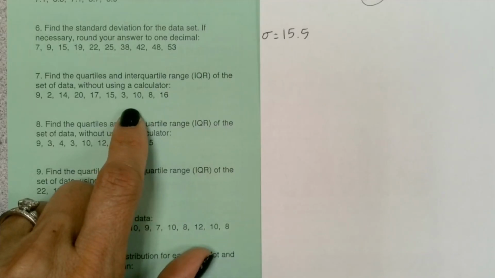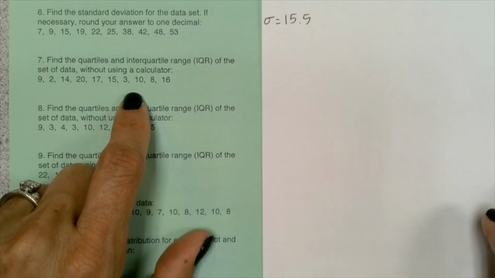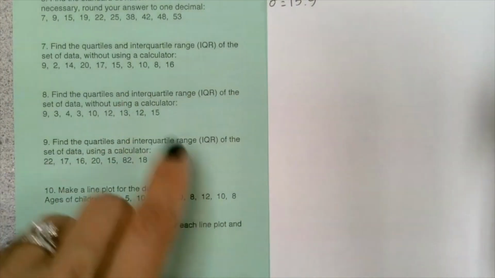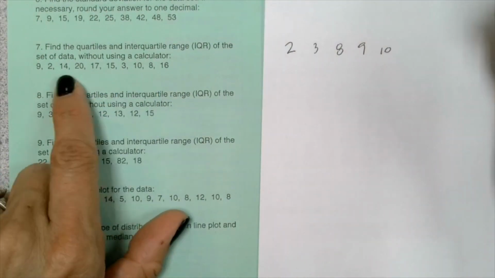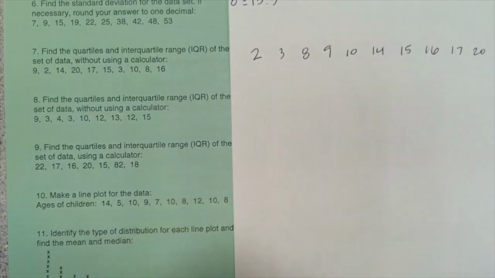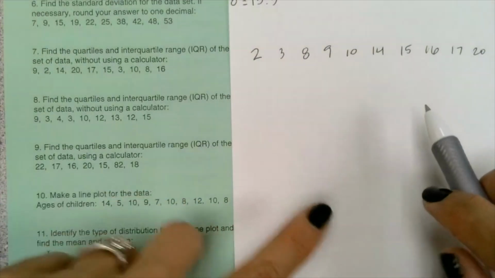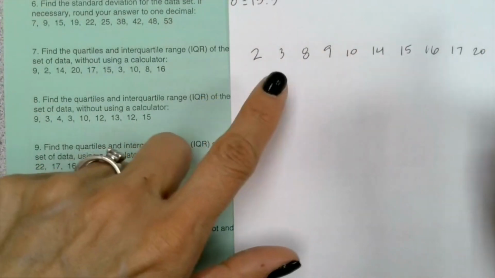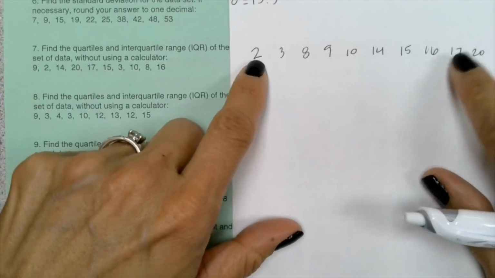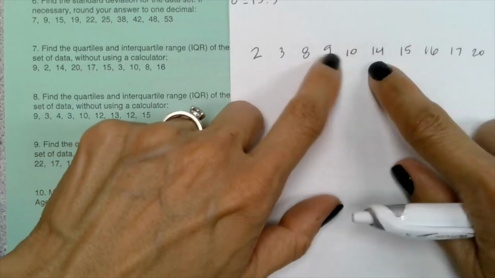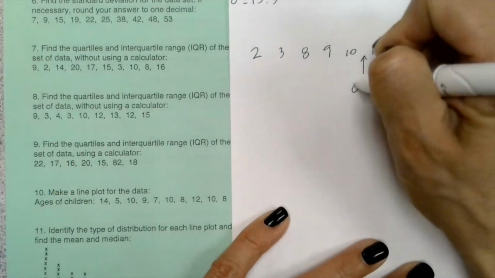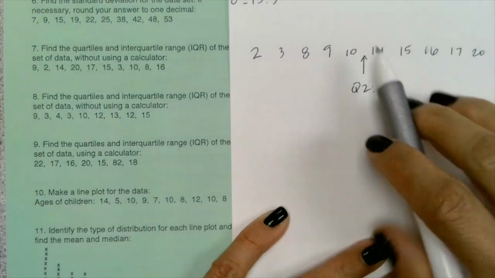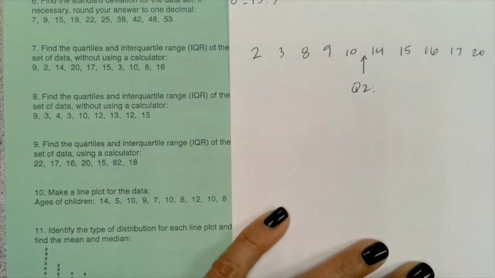For number 7, it says find the quartiles and interquartile range, IQR, of the set of data without using a calculator. So no calculator, we're going to put these numbers in order. Alright, so once you have them in order, you can go from the outside in, and you can see that your median, your Q2, falls exactly in between 10 and 14.